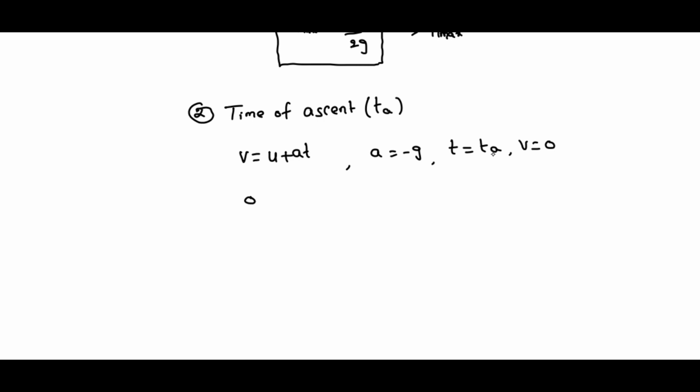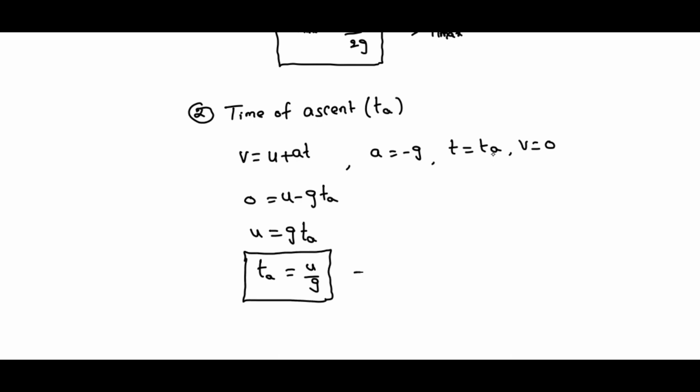From this I will get 0 is equal to u minus g T suffix A. From this u is equal to g T suffix A, that means time of ascent is equal to u by g. Here also time of ascent is directly proportional to u. We are taking g as constant.